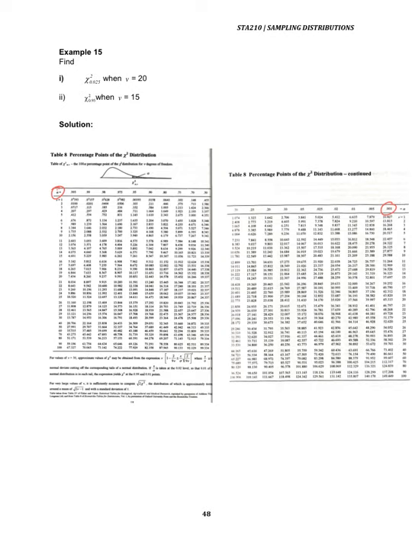At the first column we have the value of V, which is the degrees of freedom. And the values inside are the probability values.